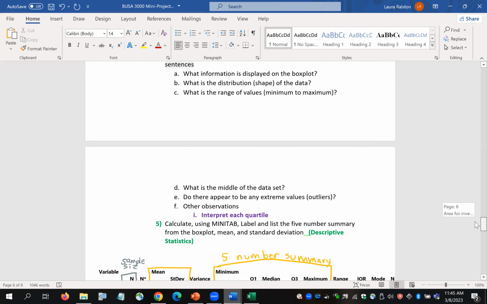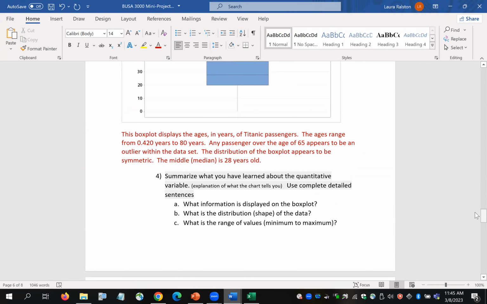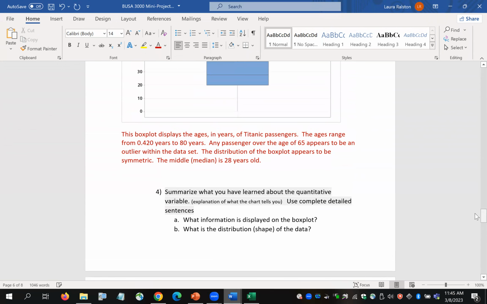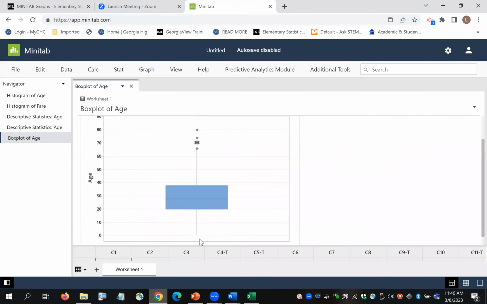Let's see. And then we want to interpret each quartile. Okay, so I'm going to show you how this is the interpretation of the quartiles. We would say 25% of the Titanic passengers were younger, because remember, it's below the age of, what was Q1? Q1 was 20.